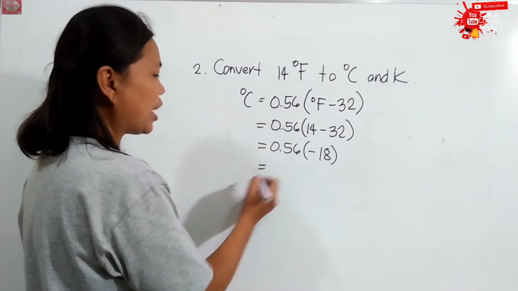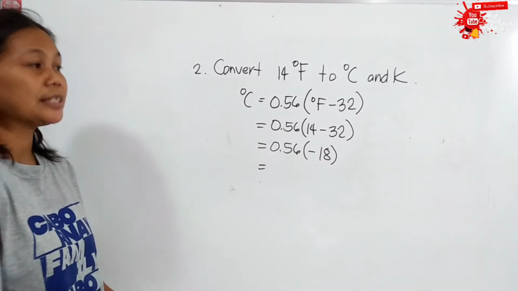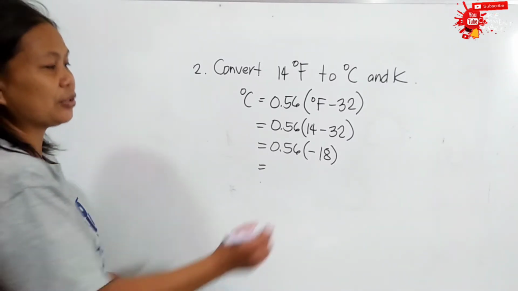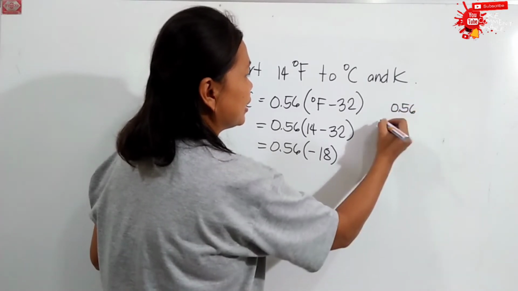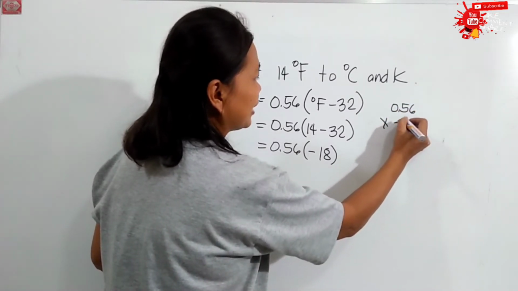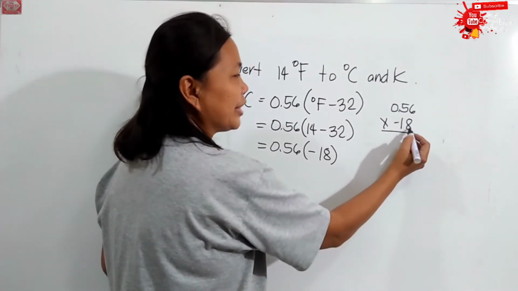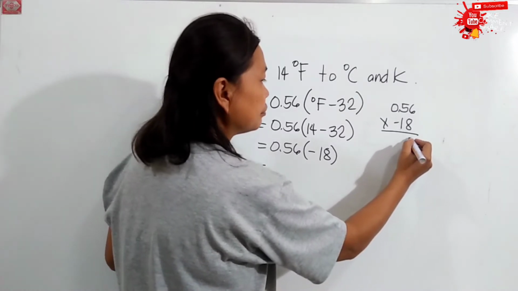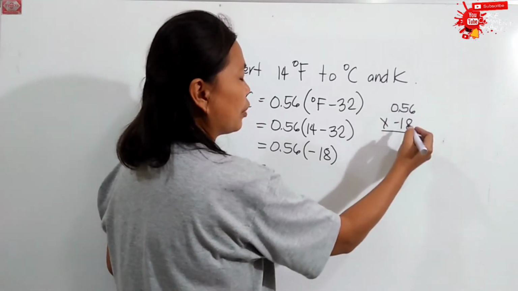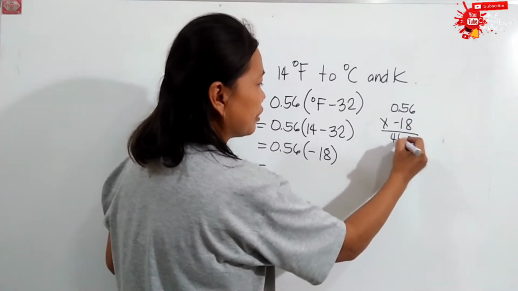What will be the product of 0.56 times negative 18? Let us multiply. 0.56 times negative 18. 8 times 6 is 48. Carry 4. 8 times 5 is 40 plus 4, 44.